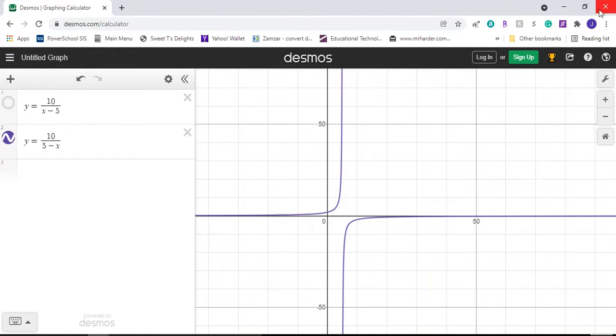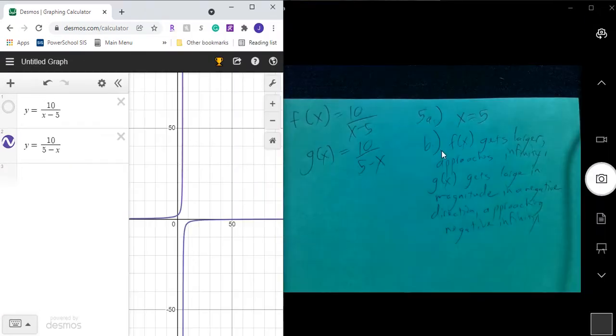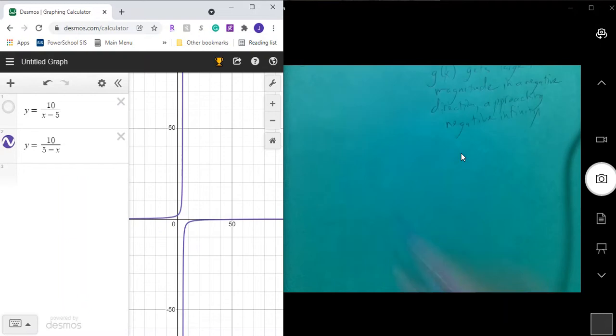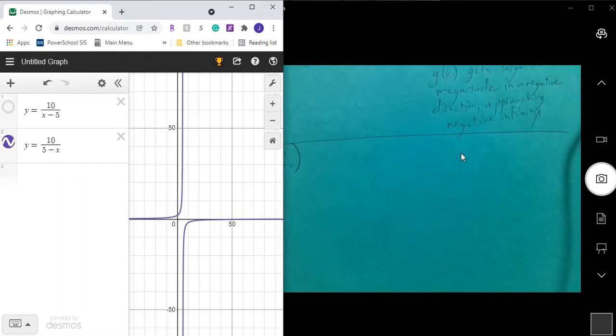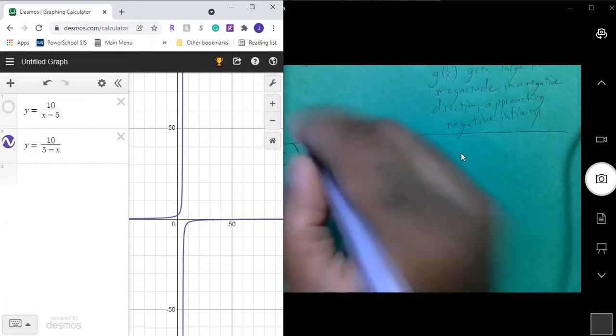Now the next thing, we go to C. It says, describe what happens to the output value when x is near the vertical asymptote but to the left of it.